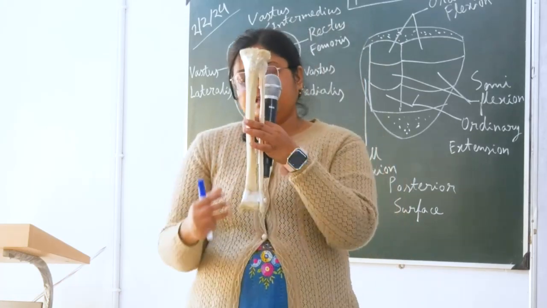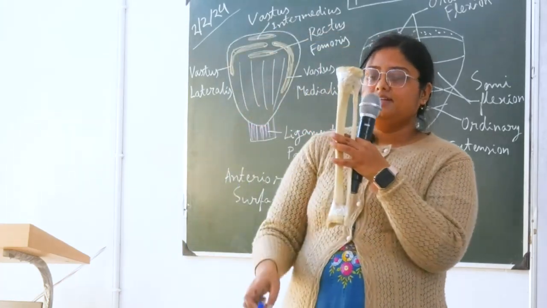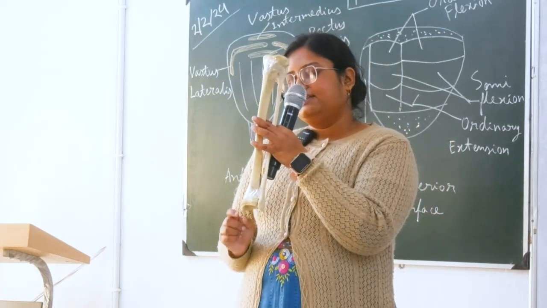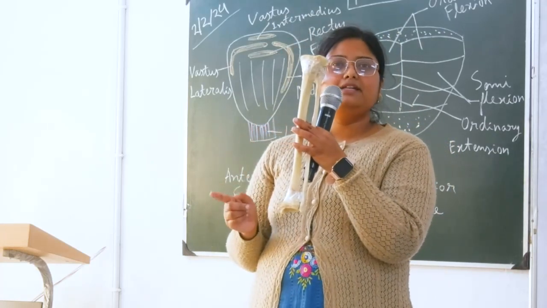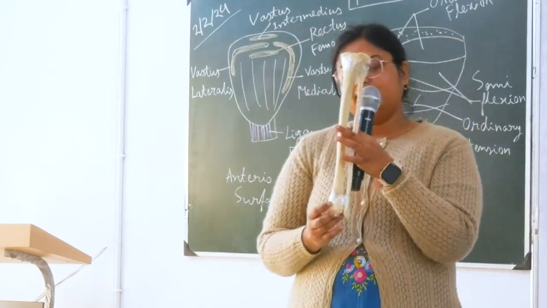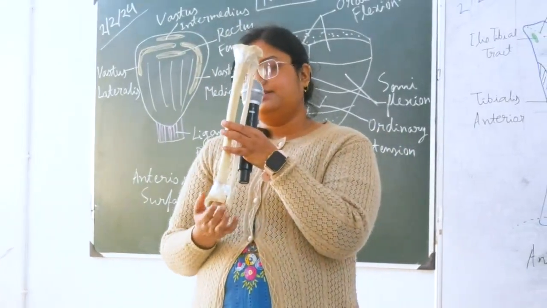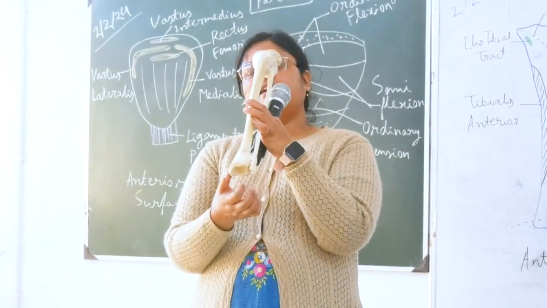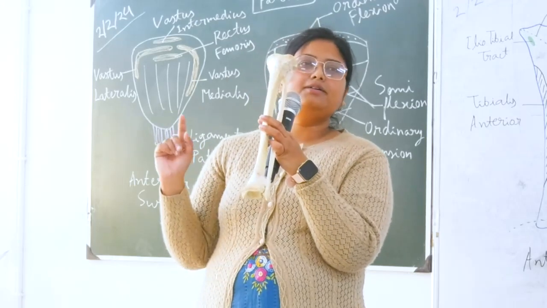And this is the lower end. The lower end has a projecting part on the medial aspect, known as the medial malleolus of the tibia. Tibia and fibula together form a concave surface known as the tibiofibular mortise.